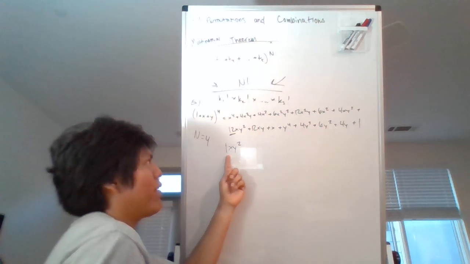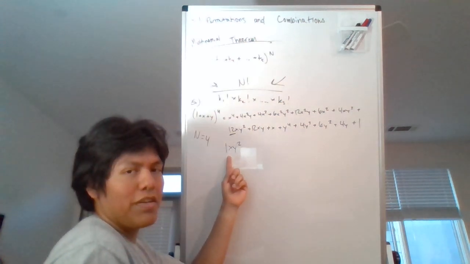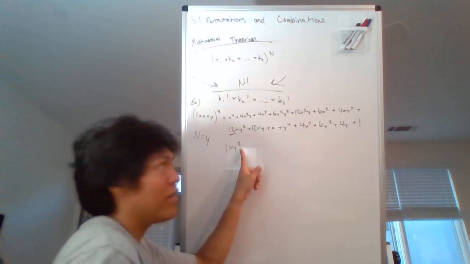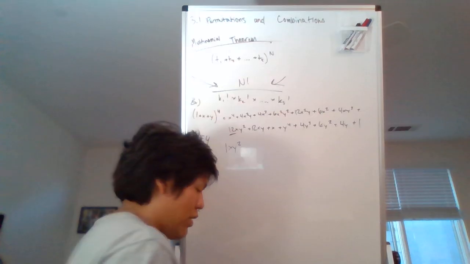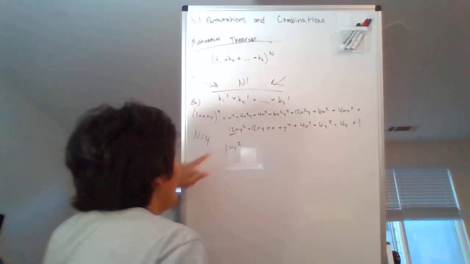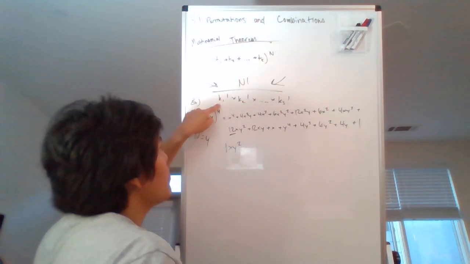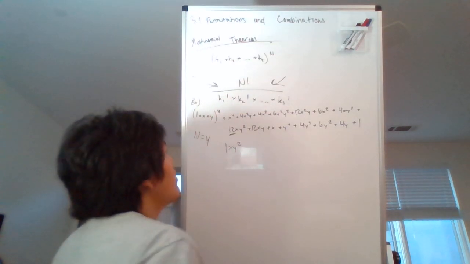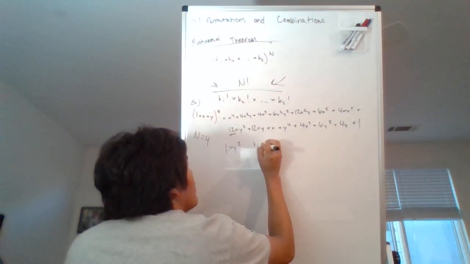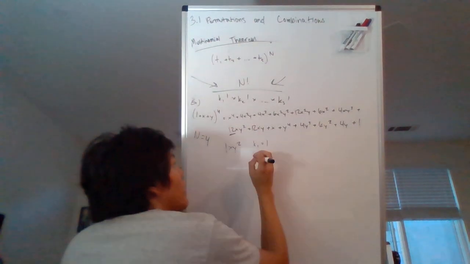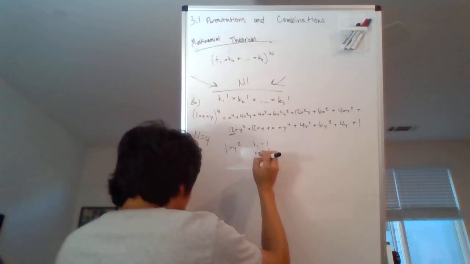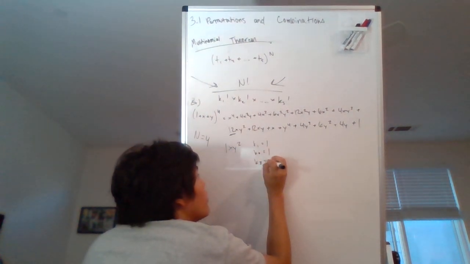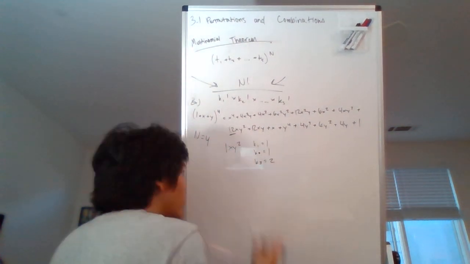So now we have three different types of elements. We have the 1, we have the x, and we have the y. Actually, we have 2 y's, because it's y squared. Each of these will be one of the k's in the general form of the multinomial theorem. So k1 is equal to 1 because there's only one 1. k2 is equal to 1 because there's only one x. And k3 is equal to 2 because the y is being squared.